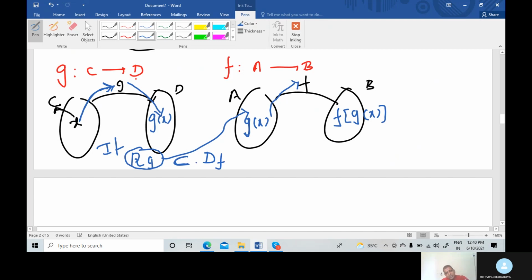If the range of g is a subset of the domain of f, so for the function f(x), g(x) plays the role of x. Now g(x) is put in function f in place of x, so you can write here f of g(x). Otherwise, f of g(x). Is that clear?